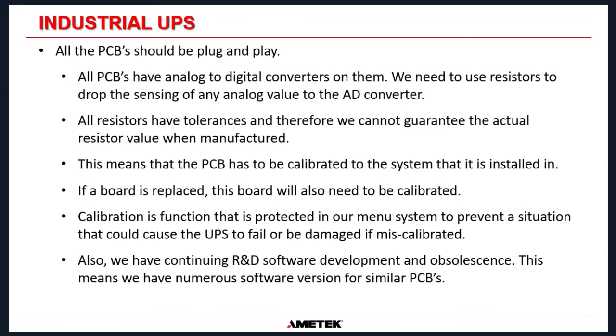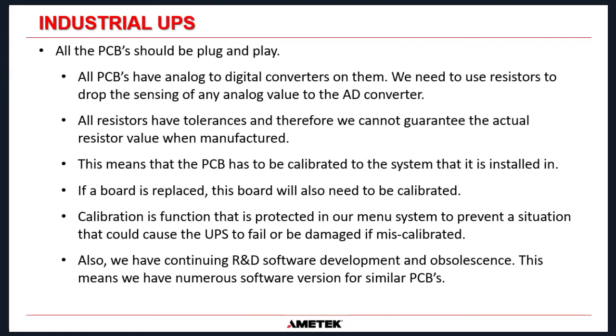And near enough every UPS manufacturer, every OEM, the calibration function is protected in the menu system. And that is to prevent a situation that could cause the UPS to fail or be damaged if somebody goes in, doesn't know what they're doing, and miscalibrates the system. It can cause a huge amount of problems. For example, if somebody accidentally calibrated the system to make it think that 100 amps going through the output is actually 10 amps.